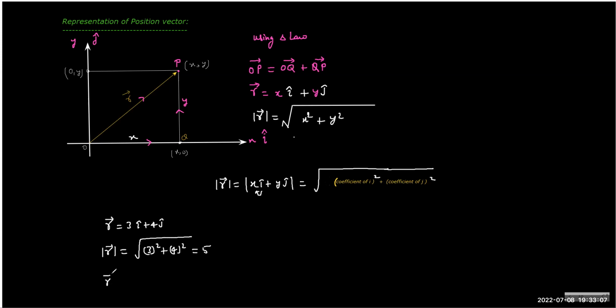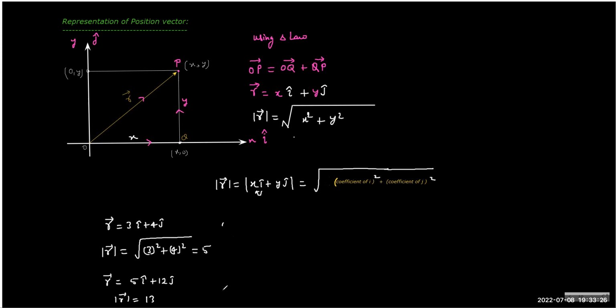Okay. So if I write R equals 5I cap plus 12J cap, what is mod of R? So mod of R will be 13. 13. So it's a very famous Pythagoras triplet, right?